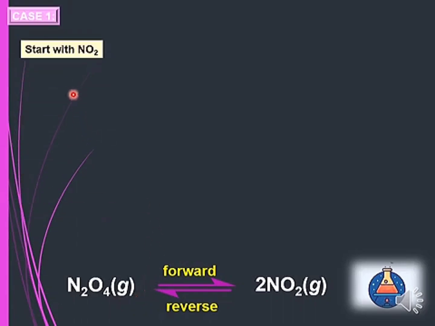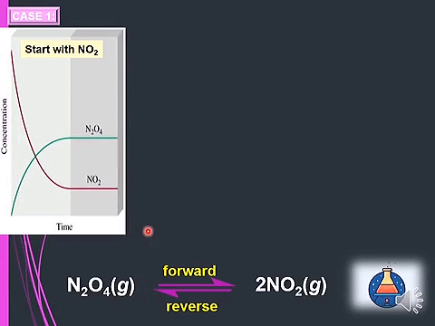Okay, so macam mana kita nak apply dalam graph? Alright, so dia boleh jadi 3 case. The first case, if we start your reaction with NO2, okay, di mana NO2 adalah produk kita tadi, so dia akan pergi kepada N2O4. So dia akan berlaku reverse reaction. So from product become a reactant again, so itu dipanggil reverse reaction. Okay, so this is your graph. Okay, so why the curve of NO2 decrease and the curve of N2O4 increase?